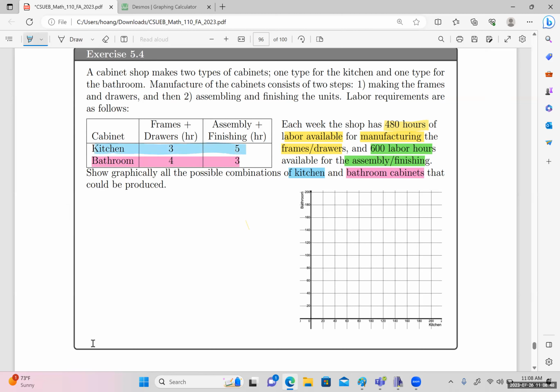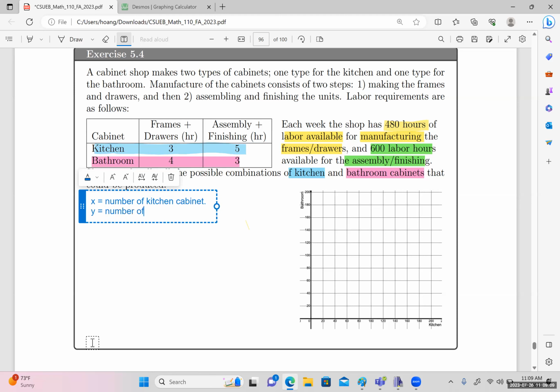I would suggest just label x as the number of kitchen cabinets, and then y is the number of bathroom cabinets.